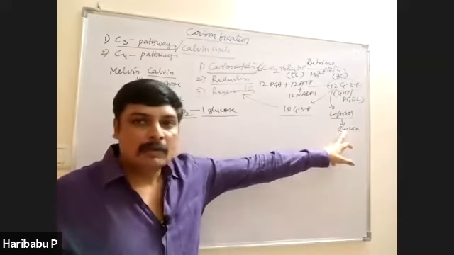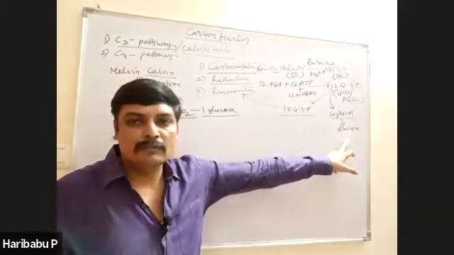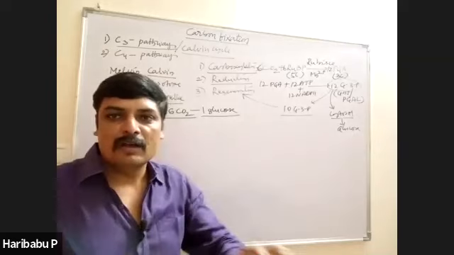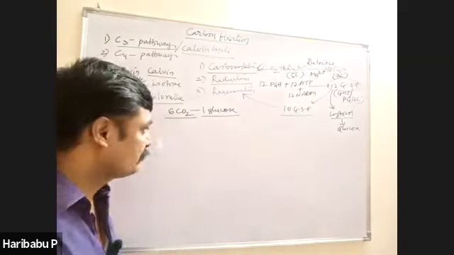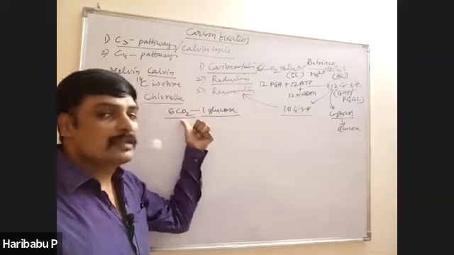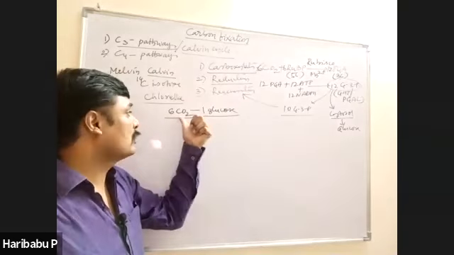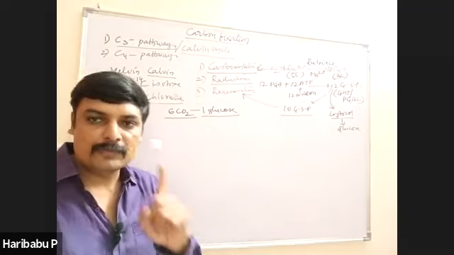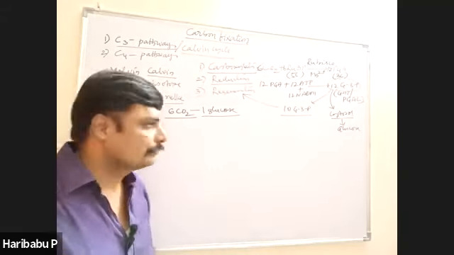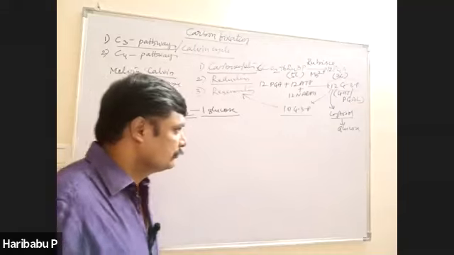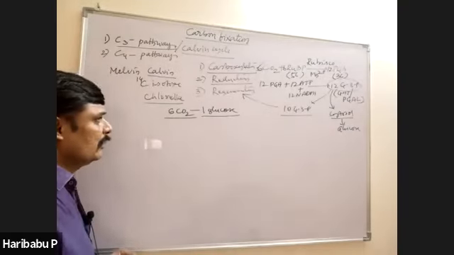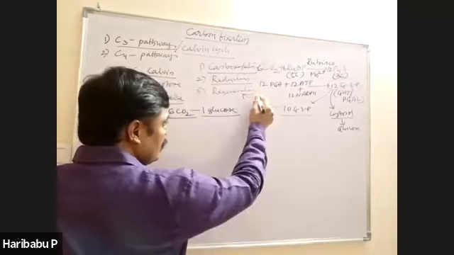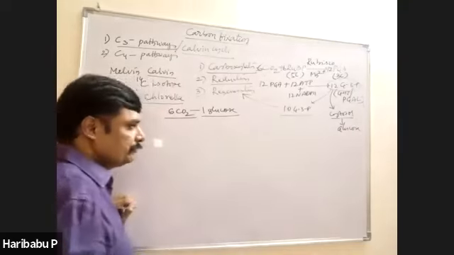Later, 2 hexoses combine and form sucrose. Therefore, for sucrose synthesis, 12 cycles are required. 12 carbon dioxides are required. So 12 Calvin cycles form 1 sucrose. Right? And ultimately, here 6 ATP are utilized.